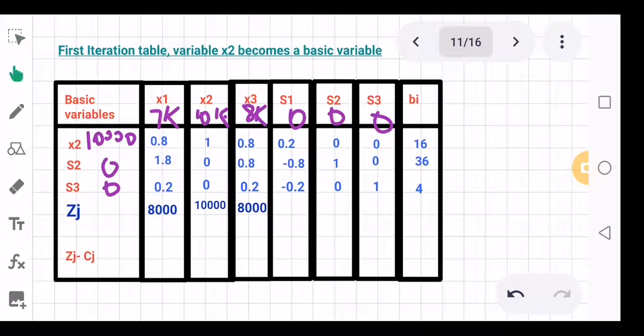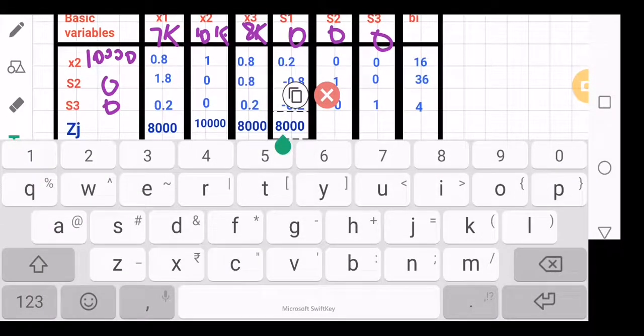That is 10,000 into 0.2, which is 2,000, plus 0 into this 0 plus 0 into this 0. So here the Zj value is 2,000.